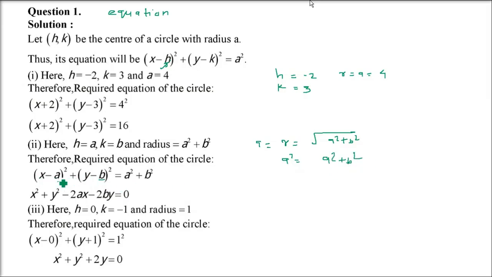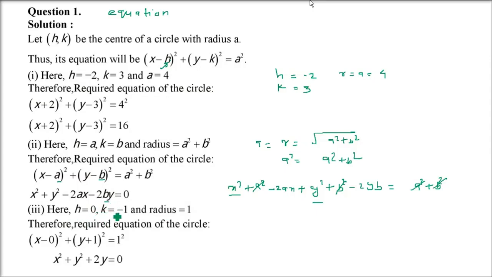Now just open this: x square plus a square minus 2ax plus y square plus b square minus 2by equals a square plus b square. Cancel a square and b square, and you get x square plus y square minus 2ax minus 2by equals 0.